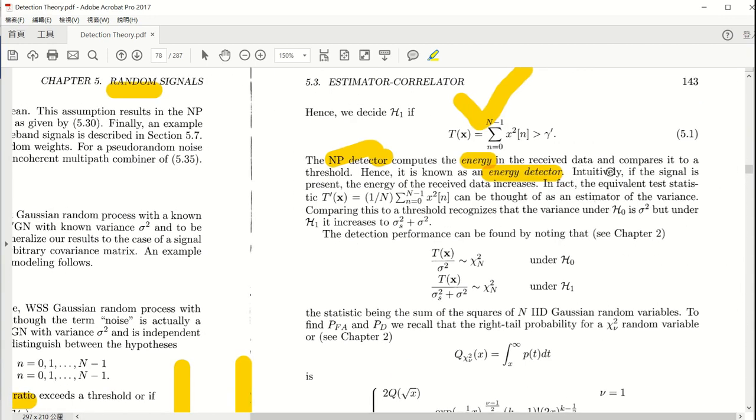So that's the intuition. In fact, an equivalent test statistic is, if you want, to take an n or 1 over n in front of it. Would it change the outcome? Of course not, right? You're only putting a constant in front of it.